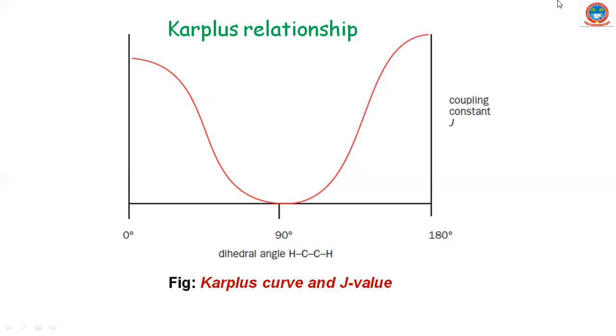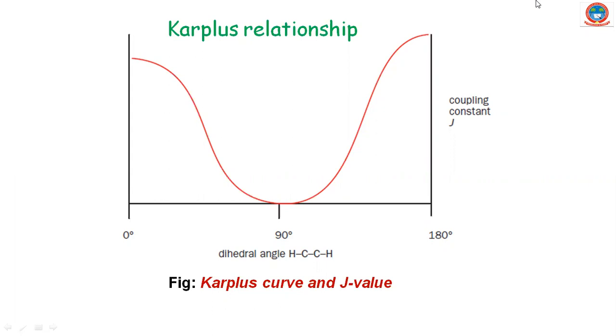Though the neighboring protons are not the same, therefore they will couple, there would be no splitting if the dihedral angle between them is 90 degrees. So such protons will couple, but they will not split.